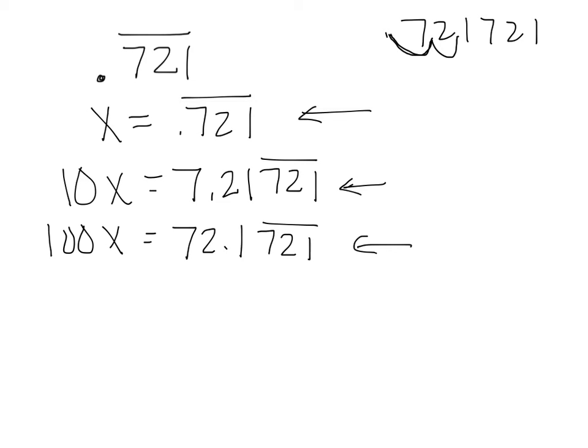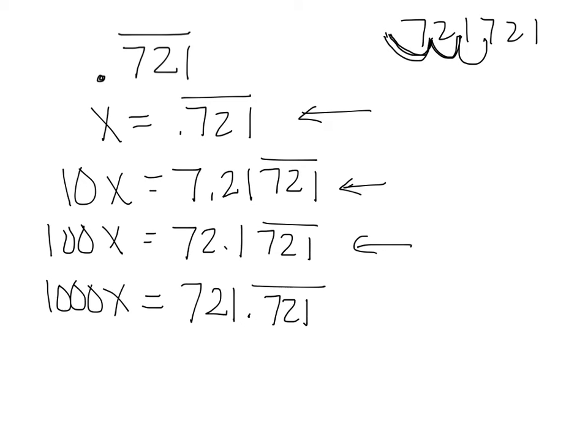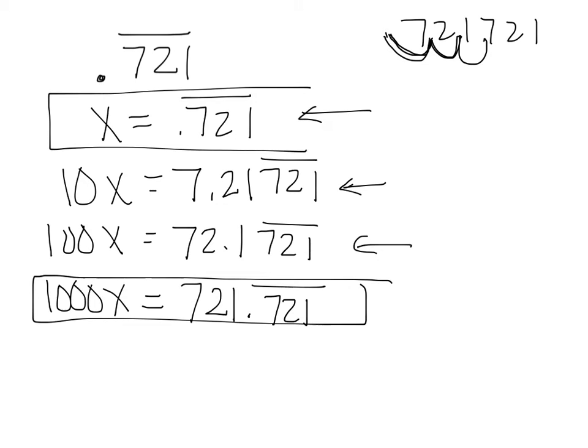This is 0.21721 repeating. This is 0.1721 repeating. So I better multiply one more time by 1,000. Now when you multiply this by 1,000, you move it 3 places, and now I get 721.721 repeating. So this equation and this equation have exactly the same numbers to the right of the decimal.